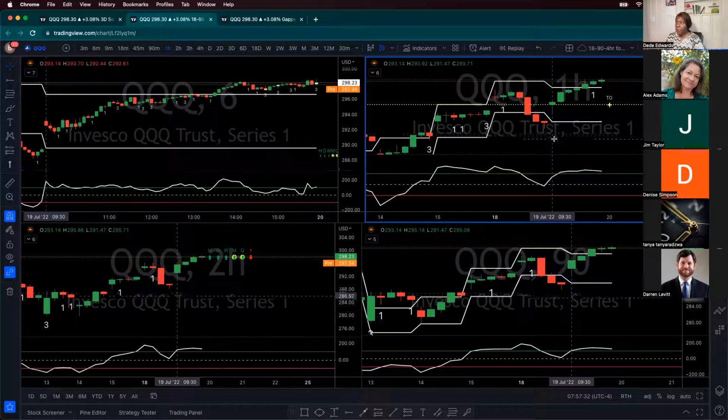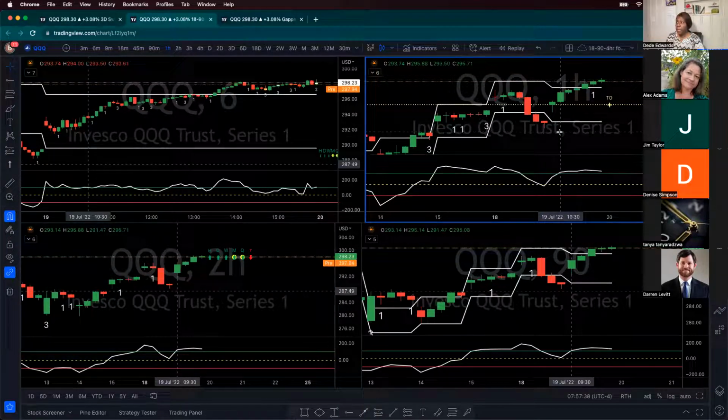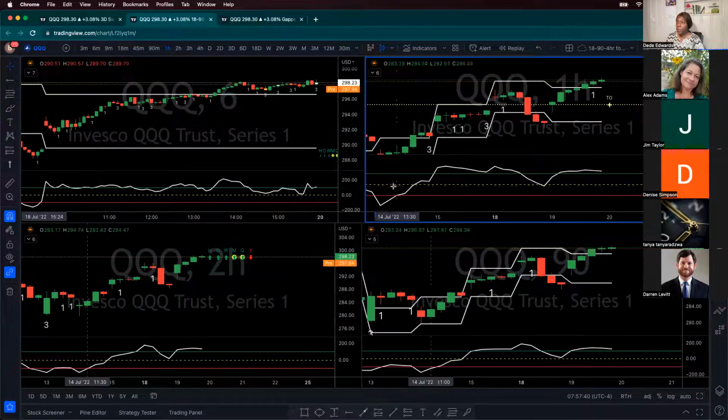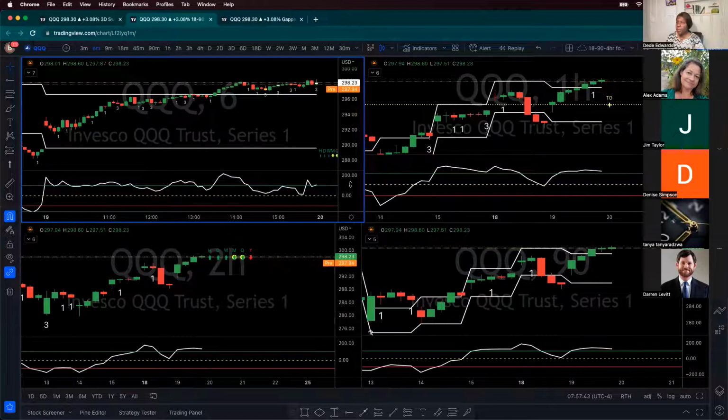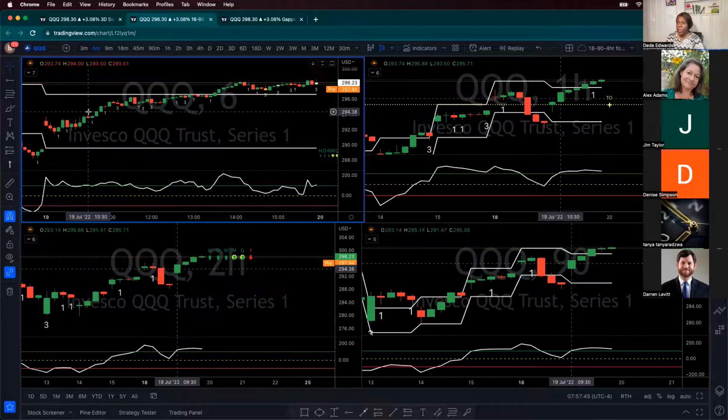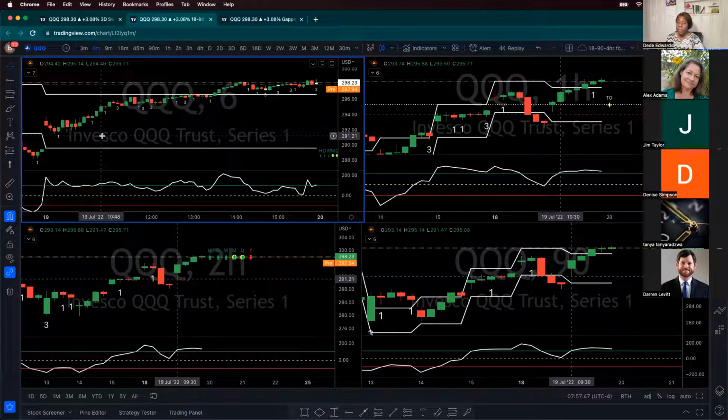So if you're waiting for your opening 60 to close, then you're looking at your next 2. Here's how we're entering this. What's the next 2? And here's where you have to be careful as well, guys. When you're using your 60-minute time frame, if you're using the 6, that's 10 candles.